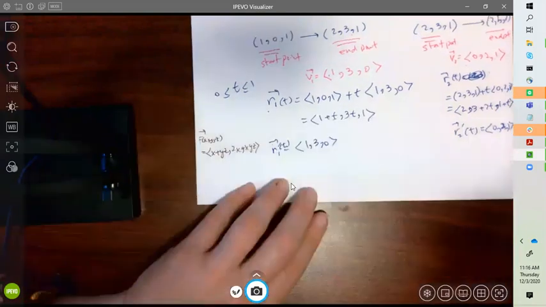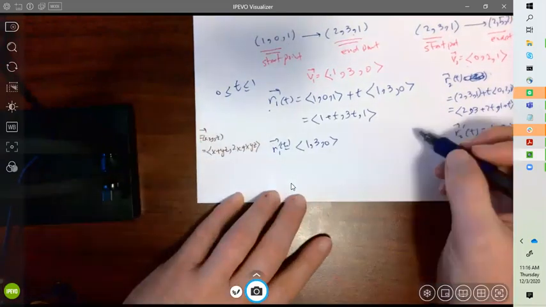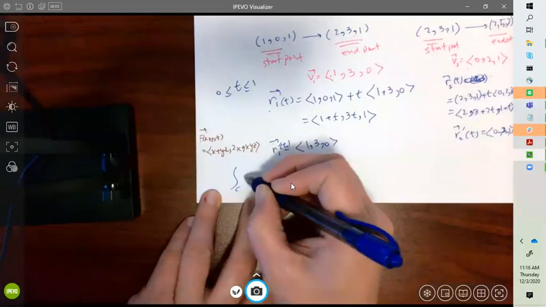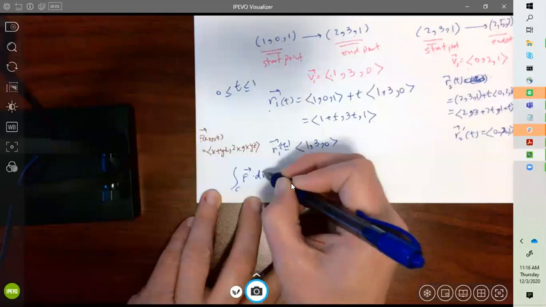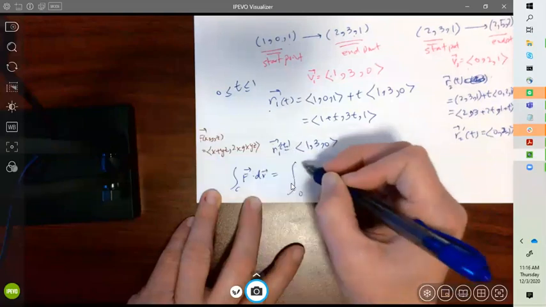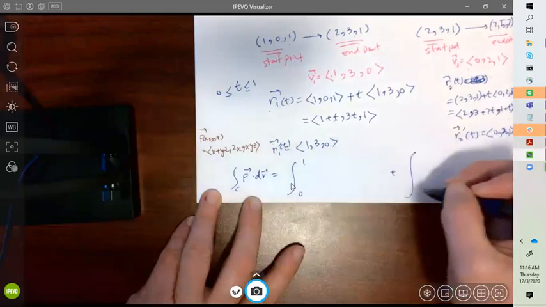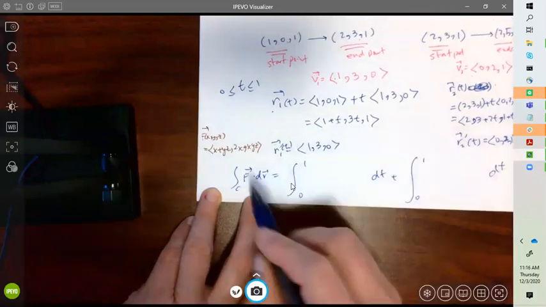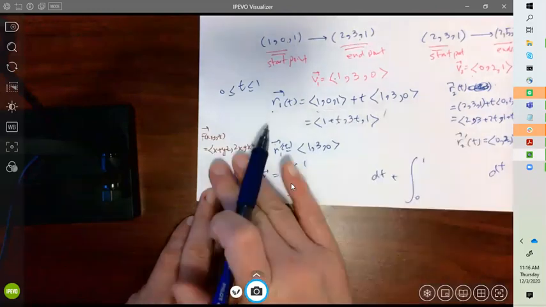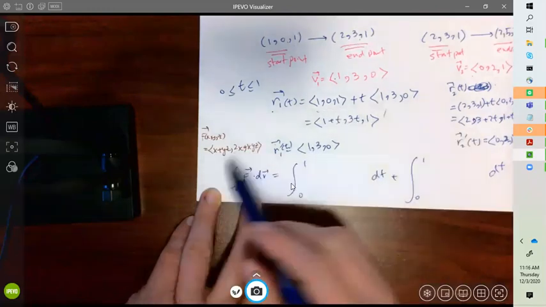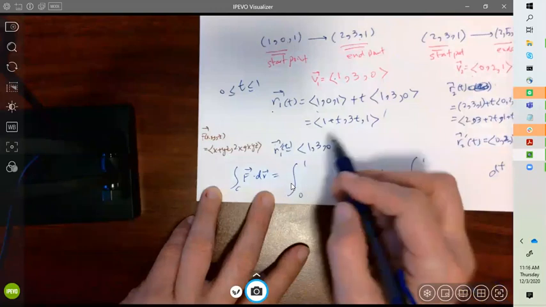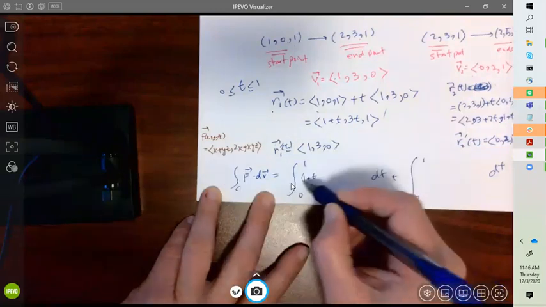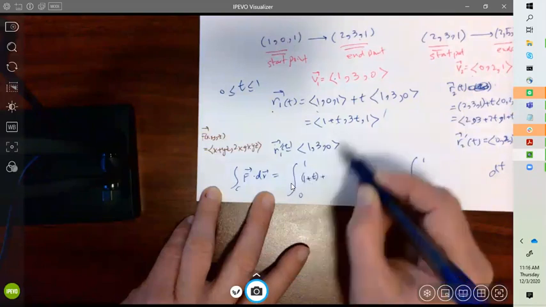And so basically, the integral over C of F dr breaks down into two integrals from 0 to 1. The first one, plug in this into here, and I get x, which is 1 plus t, plus yz, which is 3t.